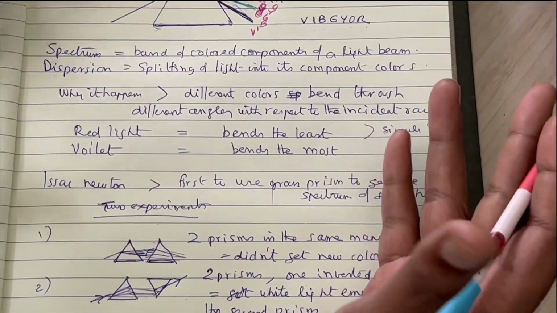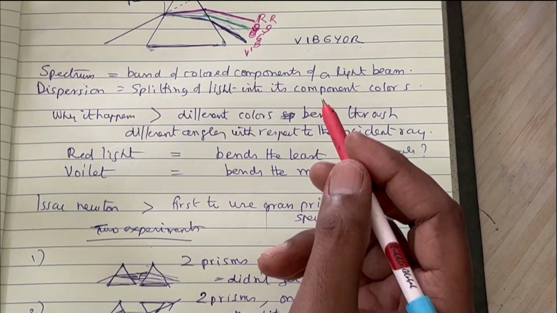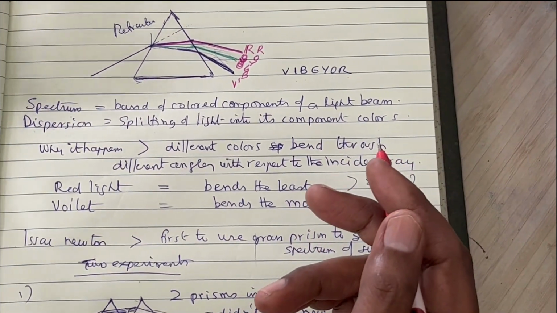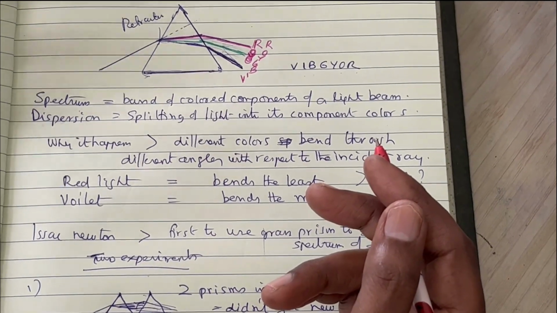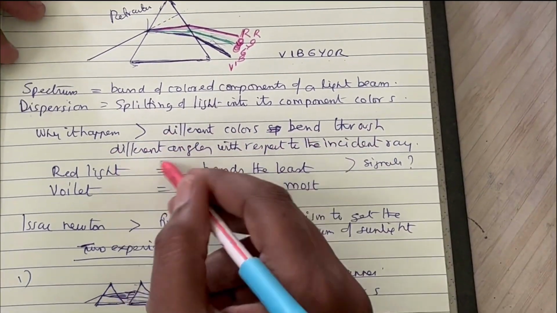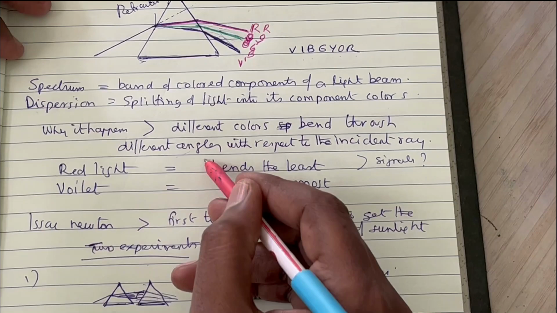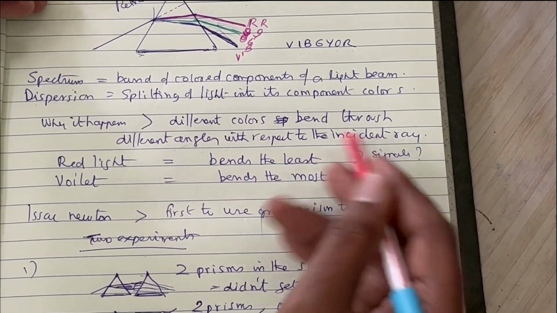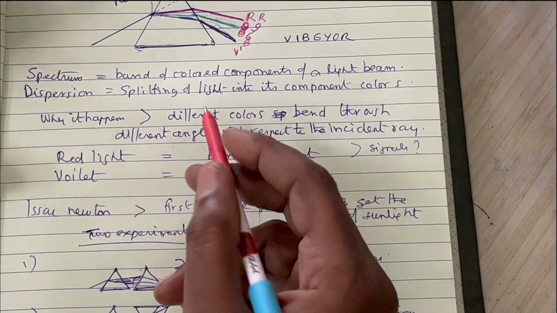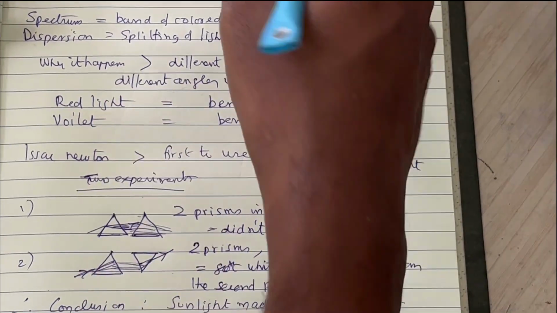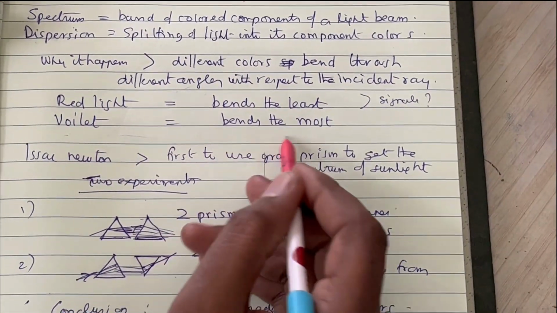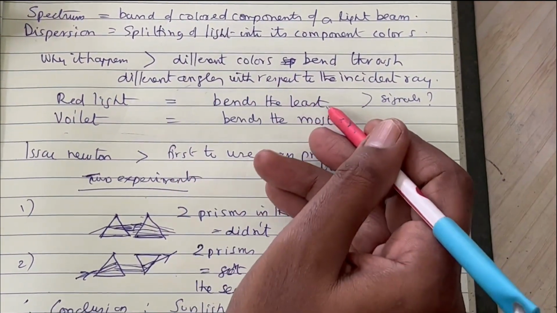So why is it happening? As I already told, each colored part of the light has its own properties. That's why it's getting split. Different colors bend through different angles with respect to the incident ray. And now a very important point: it's the violet light which bends the most, and red light is bending the least in the whole spectrum.